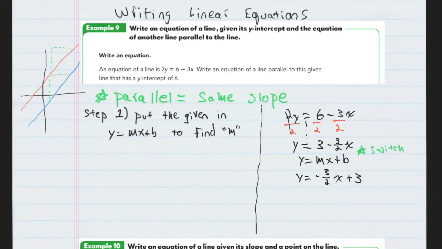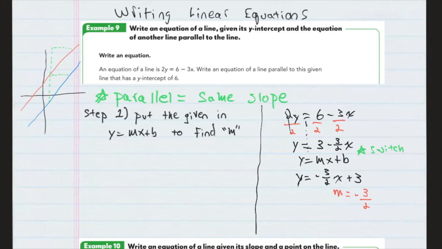Okay, same thing with this. This is positive 3. This is going to stay positive 3. And then I want to identify my slope. So that means that m is equal to negative 3 over 2.